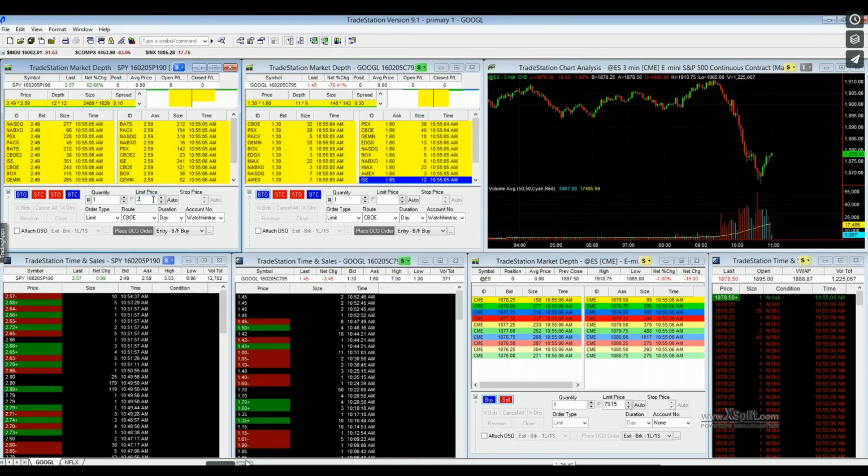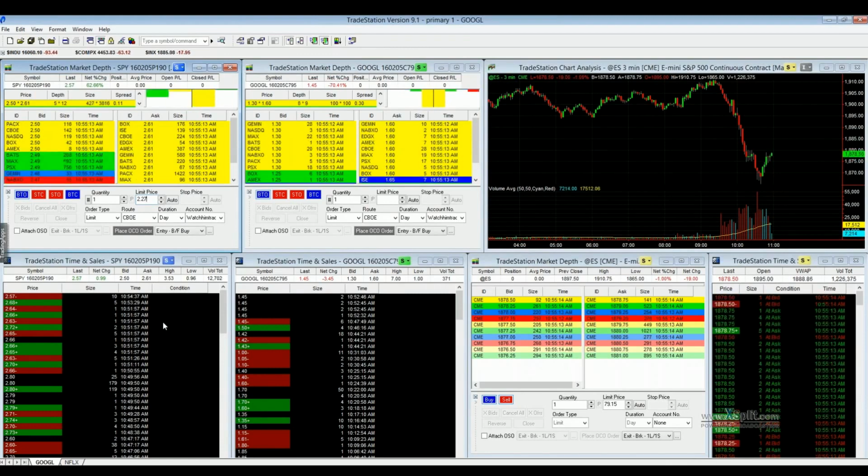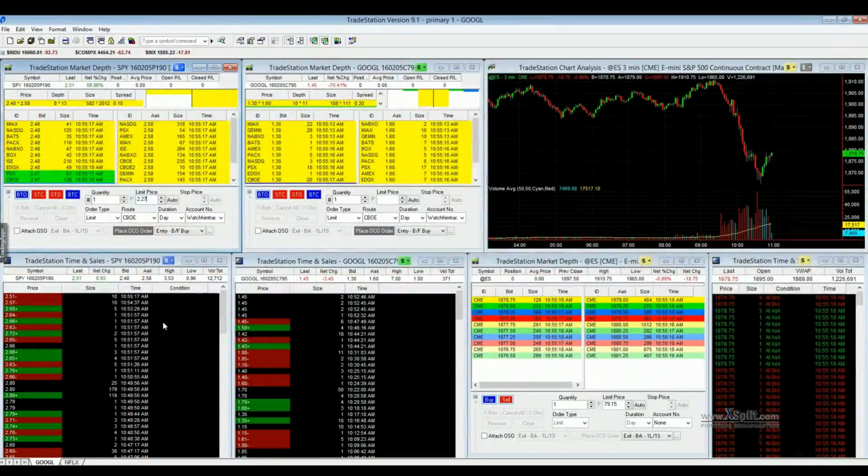So what I like about this is I was really patient in waiting for my entry on the 190 puts. This is a longer trade. It took about 12 minutes or so, but I'll let it run here and just talk through it.